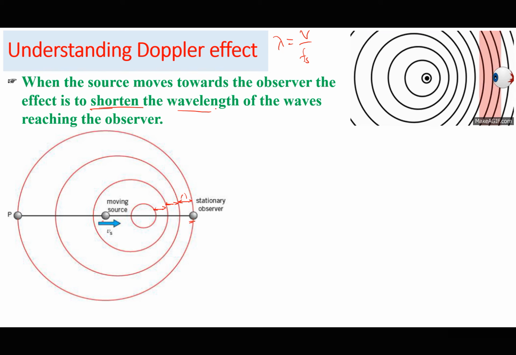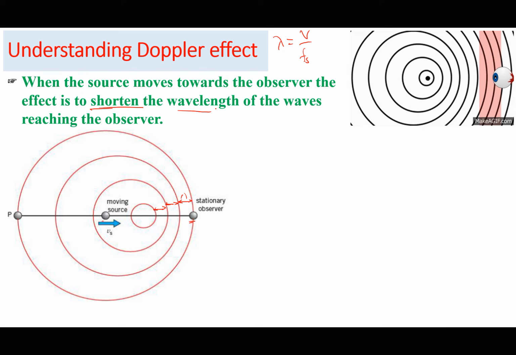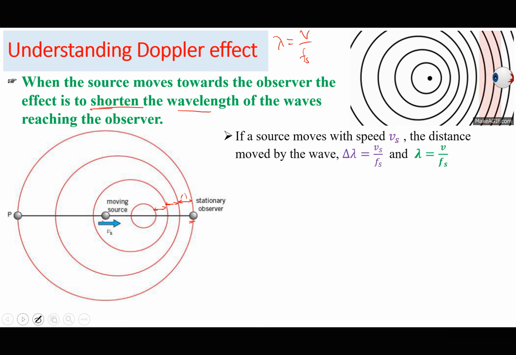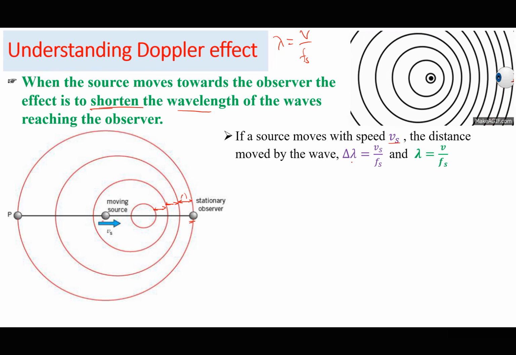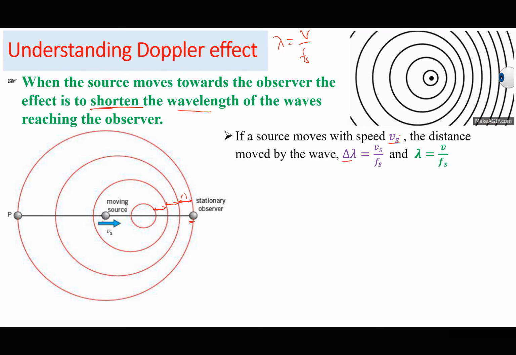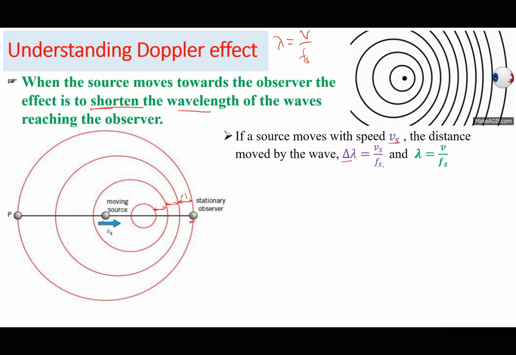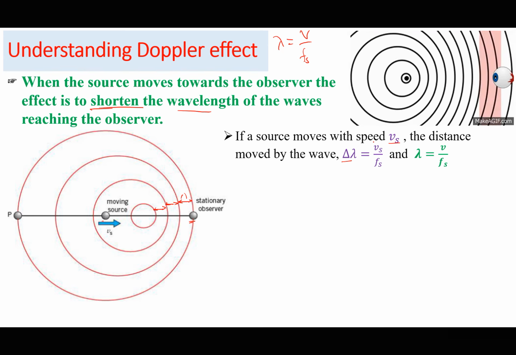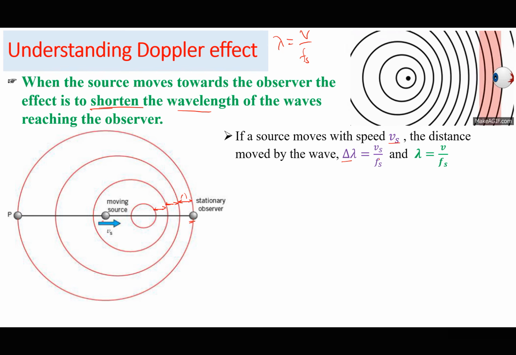Because a shorter distance will now be traveled by the wavefronts when the source moves towards the observer, the observed wavelength is going to be smaller by a certain value. Let us assume that the source was moving towards the observer with speed vs. Then the distance moved by the source during one cycle, which I'm going to call delta lambda, is going to be vs divided by fs, where vs is the speed of the source and fs is the frequency of the source.